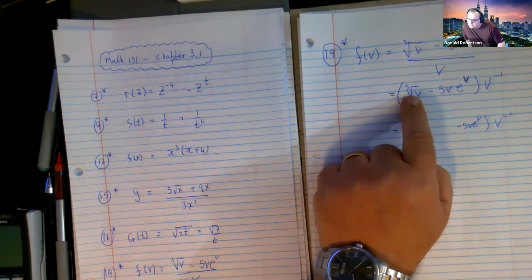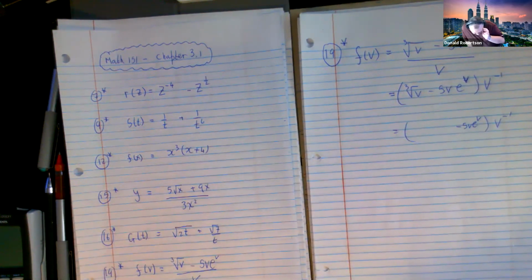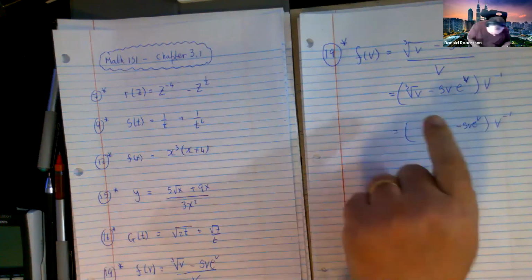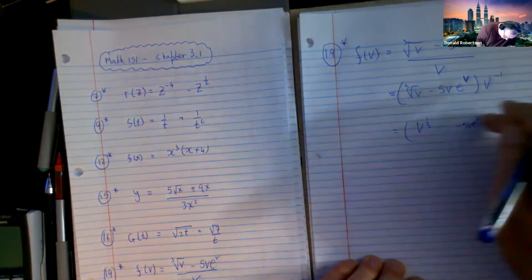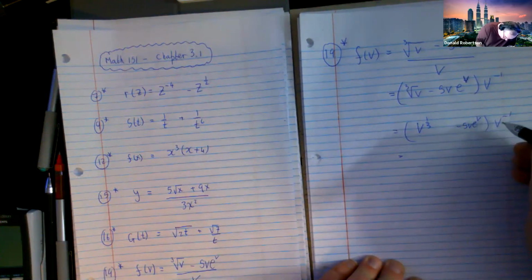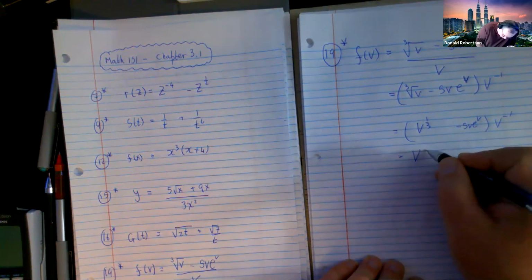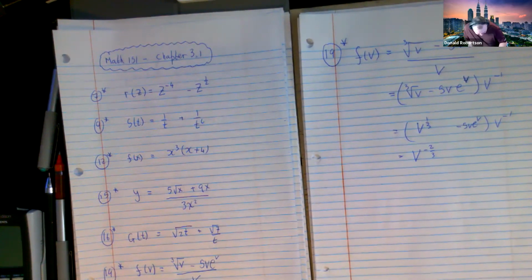I have to do something about this, don't we? So how could I rewrite that? So what I'm going to do is distribute this now. V to the 1/3 times V to the negative 1 gets me V to the negative 2/3. It's not very pretty, but at least I can differentiate it.